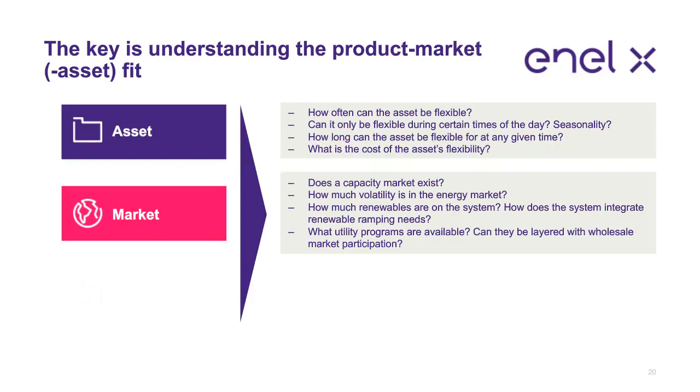If the energy market has little volatility and is low priced, that's not going to be a very attractive market to participate in, compared to, say, Texas or Alberta, where energy market pricing is a little bit higher and there's more volatility, which could provide some opportunities. Same with renewables. The more renewables on the system, that generally leads to more ancillary services needs and associated higher value with those ancillary services products. So those are important considerations to think about.